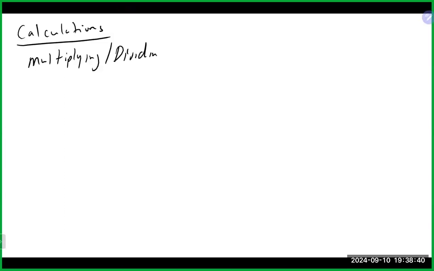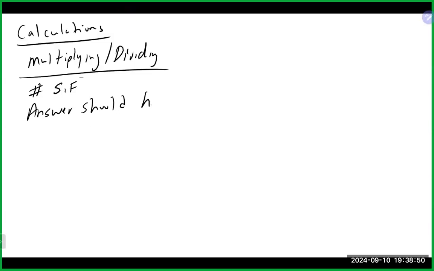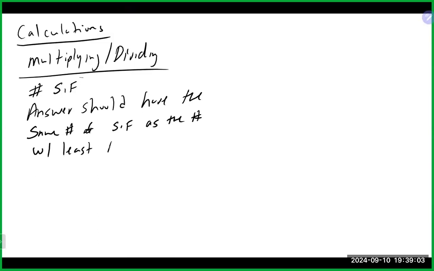When we multiply or divide, we look at the number of significant figures, and your answer should have the same number of sig figs as the number with the least number of significant figures.